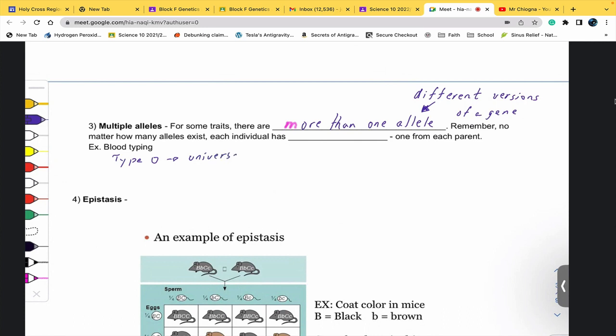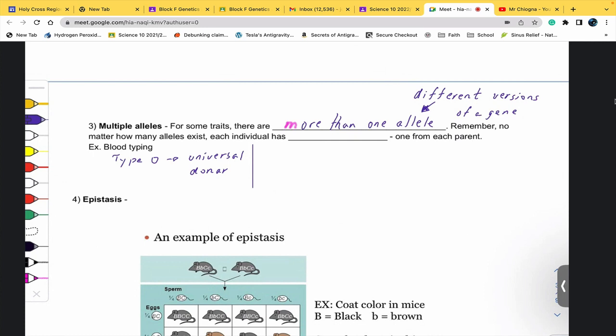It's rare. You can donate blood to anyone. Okay, so let's take a look at the different blood types due to the 4 different alleles.